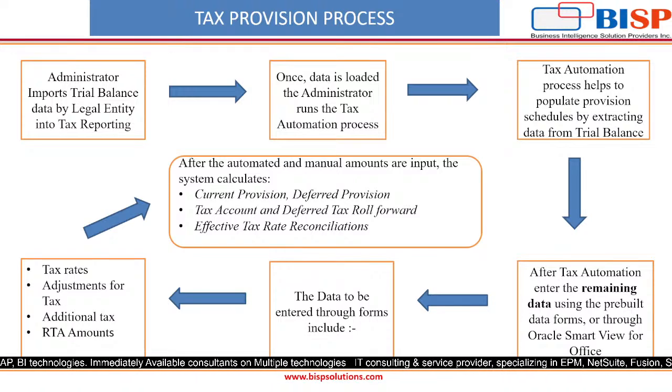The effective tax rate reconciliation reporting will also be generated, namely the consolidated effective tax reporting and the statutory effective tax reporting. So this is basically the whole process of TRCS, the tax provisioning process.